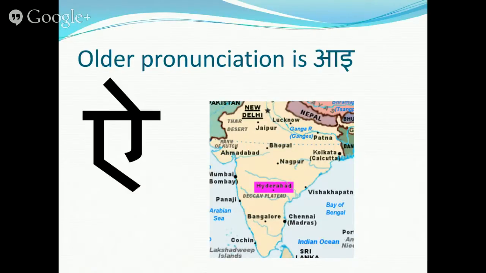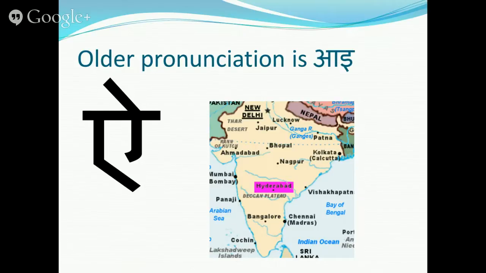Now let's talk about the alternate pronunciation. It's actually the older pronunciation. And if you look in the middle of this map, the city that's highlighted in fuchsia, purplish pink, this actually has this vowel in it, and from which we get the English pronunciation of this city, which is Hyderabad.